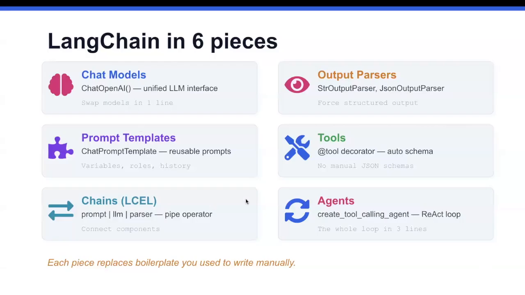Very easy. If you understood these six basic concepts, I think you are good with LangChain. You don't need to learn a lot of documentation or concepts around it, and there's no need to watch a lot of YouTube videos. With these six basic concepts, you already know how you are going to do this.